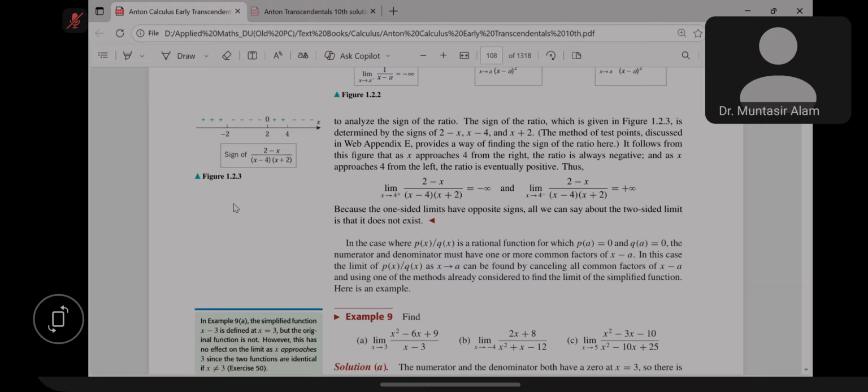If you put x equal to -2, what would happen if you put x equal to -2? You will see math error. The calculator will reply math error if you put x equal to -2.